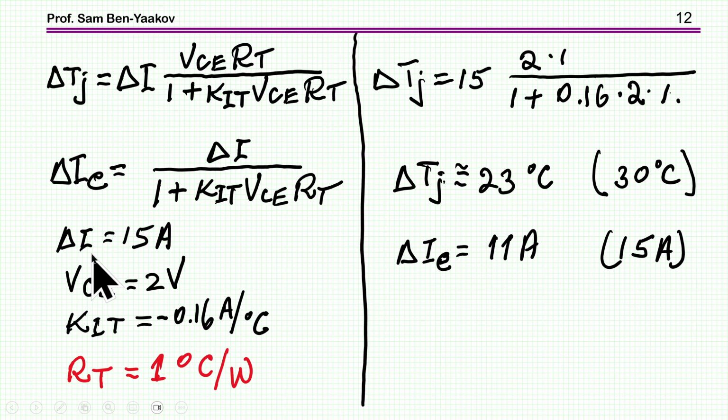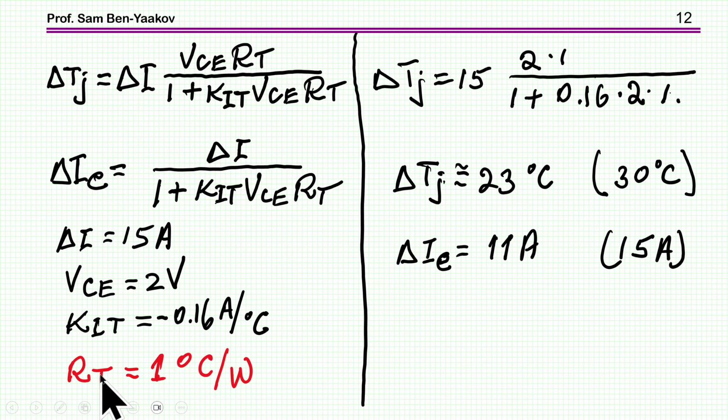So in our particular case, for the operating point that I've shown, this is the 15 amp delta I. This is the expected change without the feedback taken into consideration. I'm assuming a VCE of 2 volts. I'm assuming this coefficient between current and temperature of minus 0.16 amp per degree centigrade.